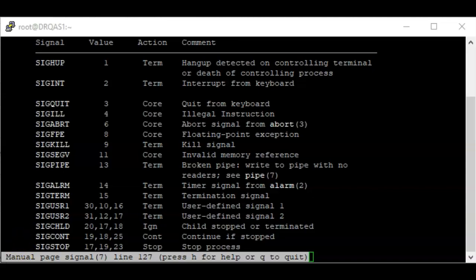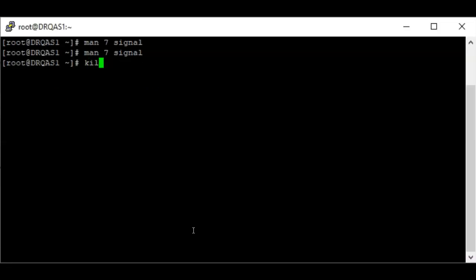To kill a process with the SIGTERM signal, you just use the command kill followed by the process ID. So for example, let's get the process ID of vsftpd. That's 4426.